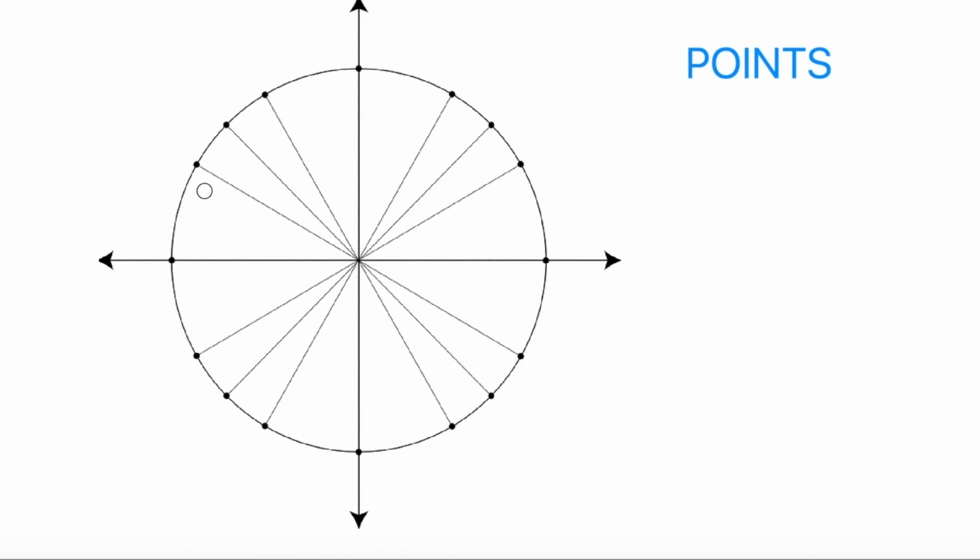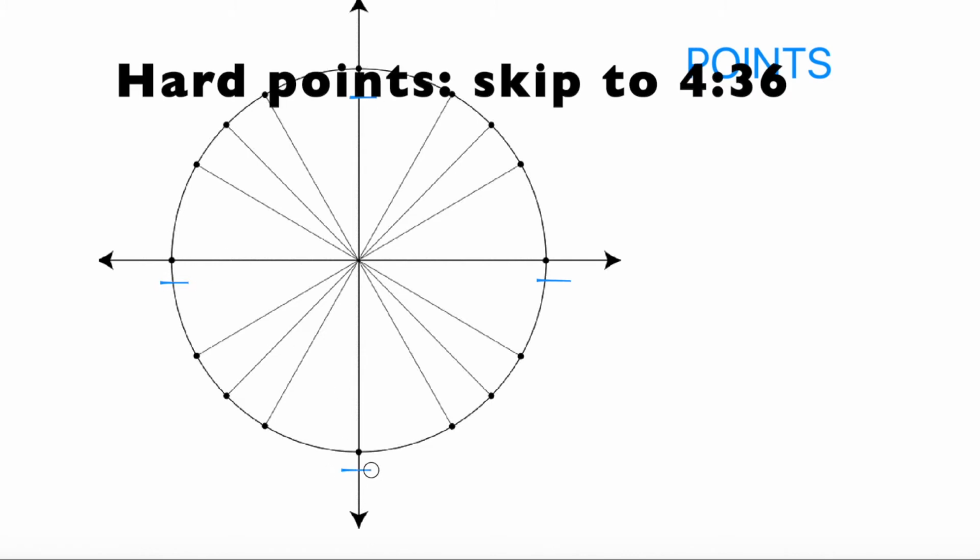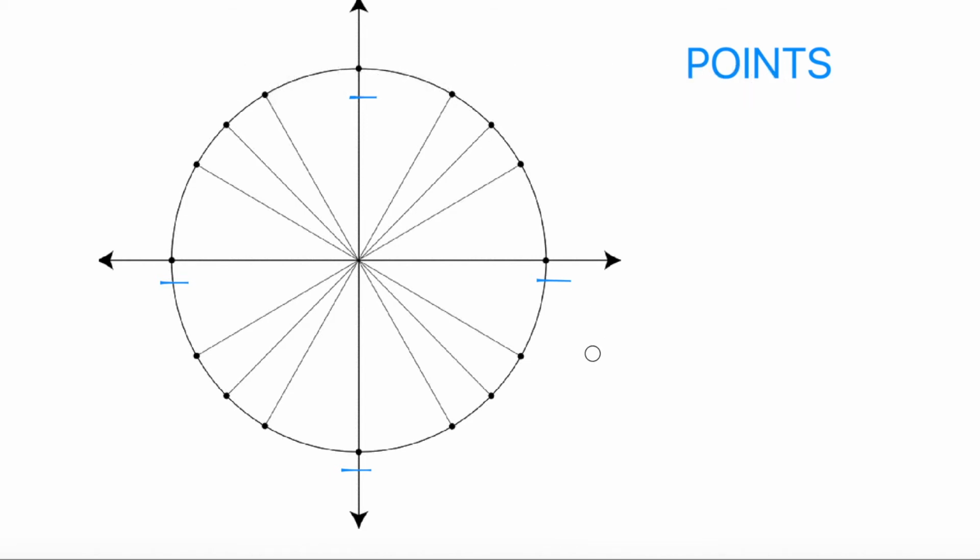Alright, now let's do the points of the unit circle. We're going to start with what I call the common sense points. That's going to be this point, this point, this point, and this point. Common sense points. So the unit circle has a radius of 1. That's why it's called the unit circle, because unit means 1. So this line right here is 1 unit long.